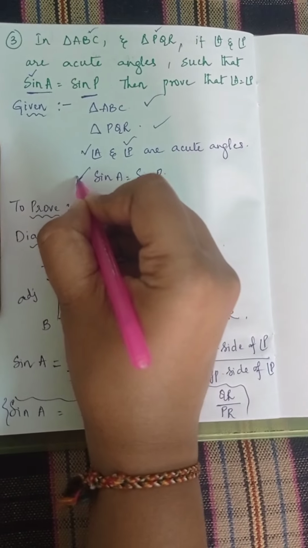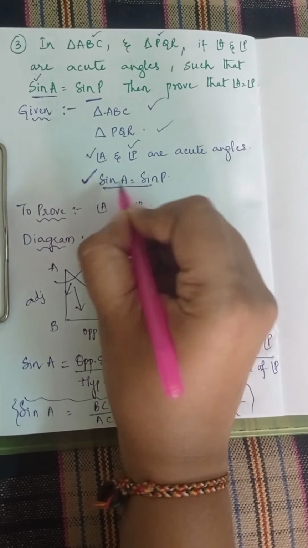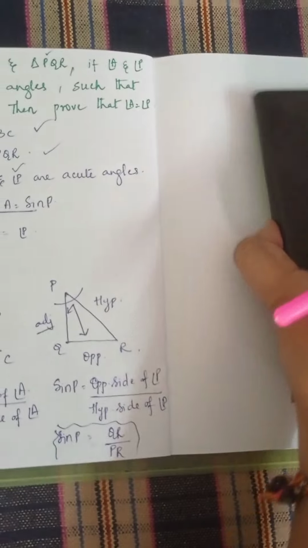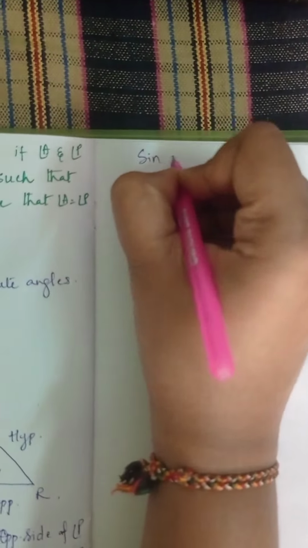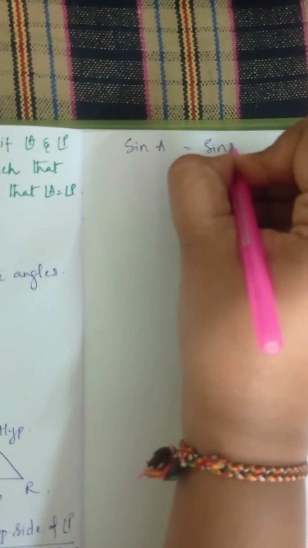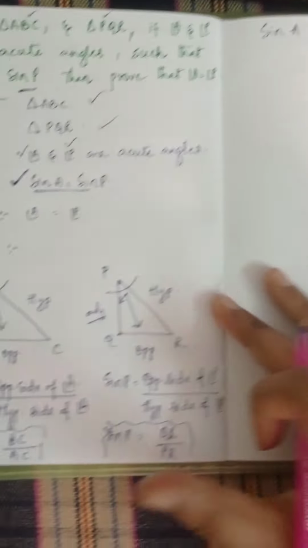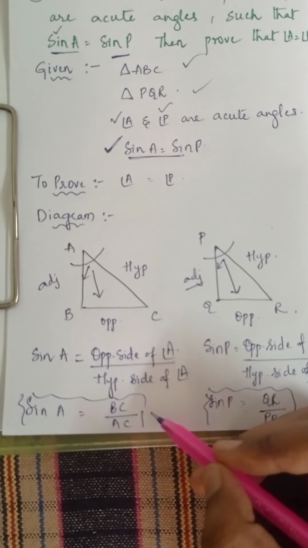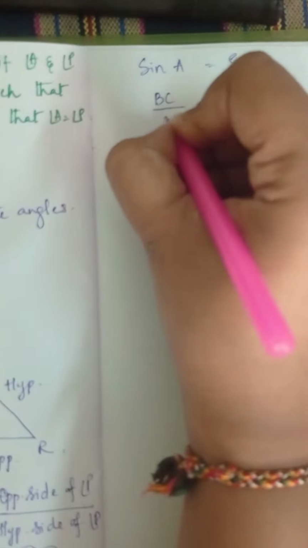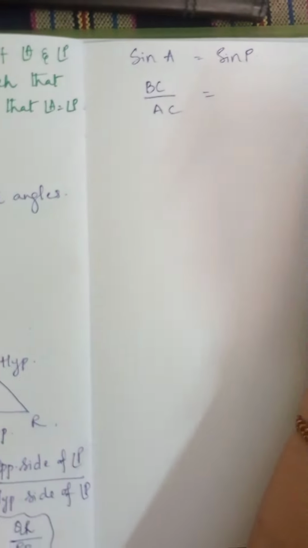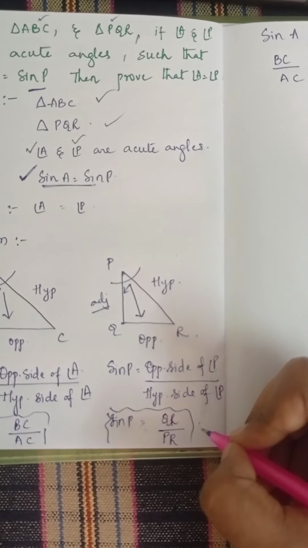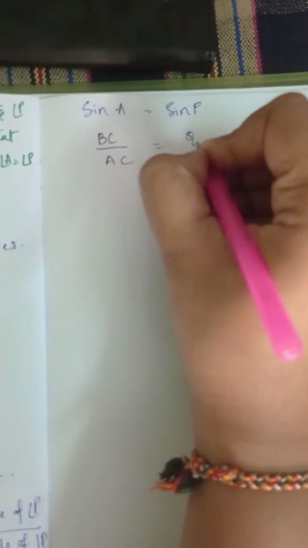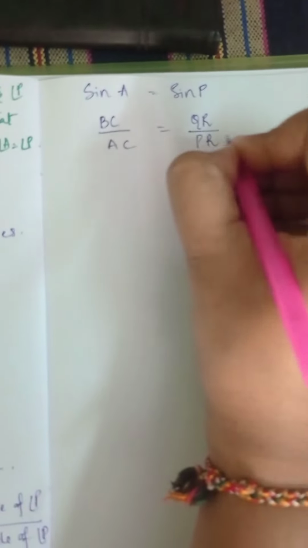So as they have given sine A is equal to sine P, then the values we got are BC by AC equal to QR by PR.